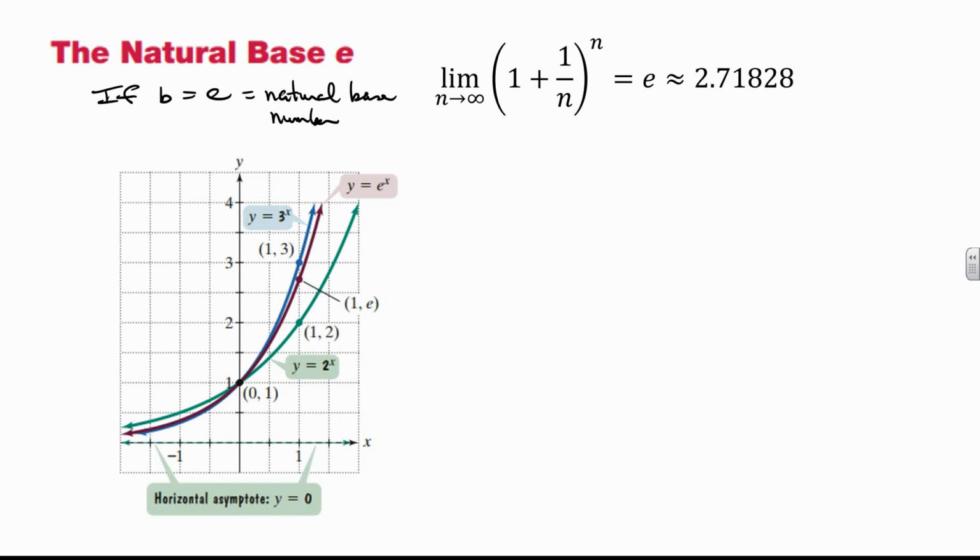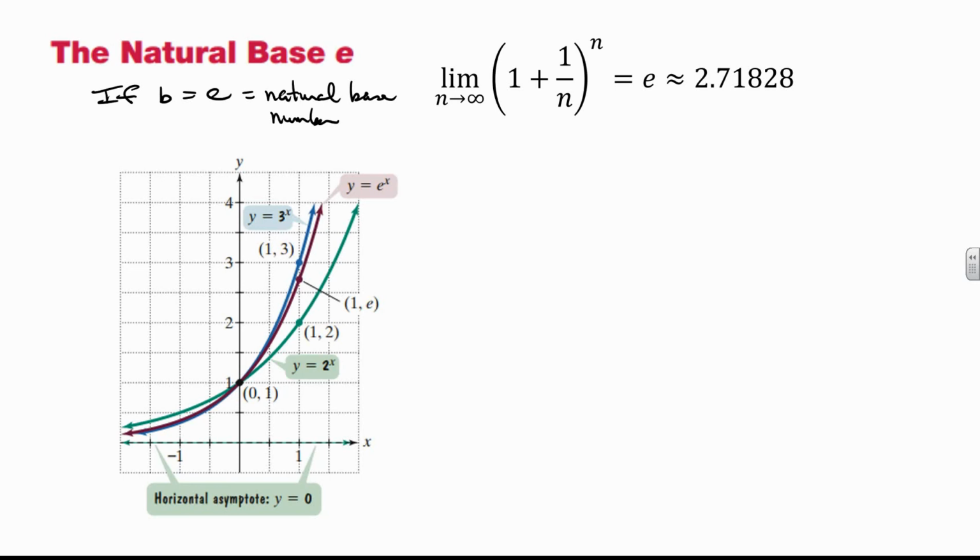Here, e and also pi, to name two of the transcendental numbers that we commonly run into. That number is actually found by this limit, and you will deal with that in calculus.